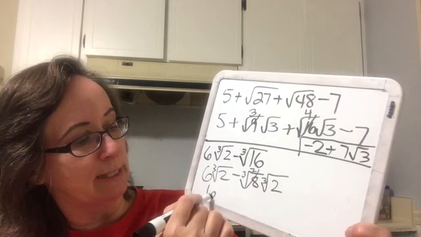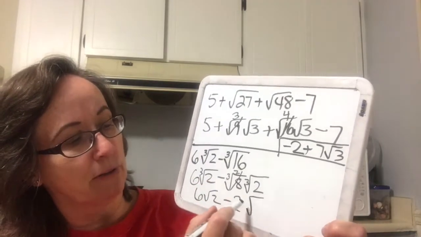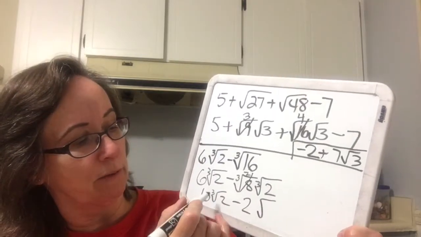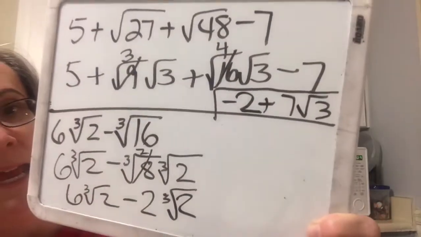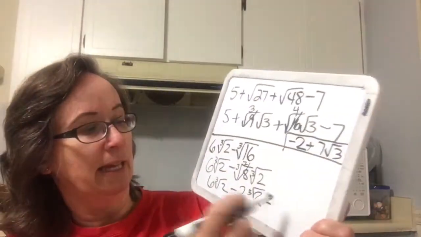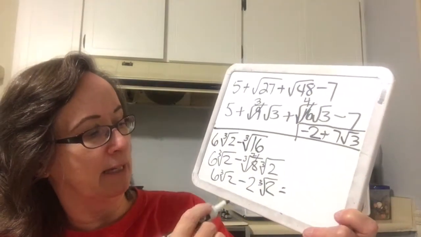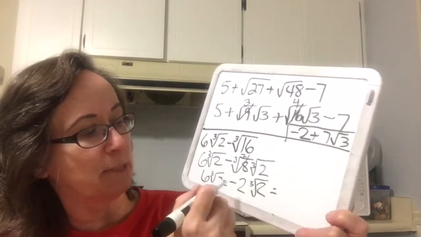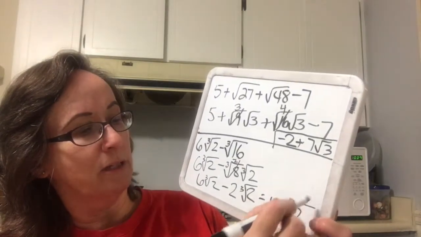So we wind up with 6 cubic root of 2 minus 2 cubic root of 2. And now, last step is I at least mentally factor out that cubic root of 2, and then I have 6 minus 2 is 4 cubic root of 2.